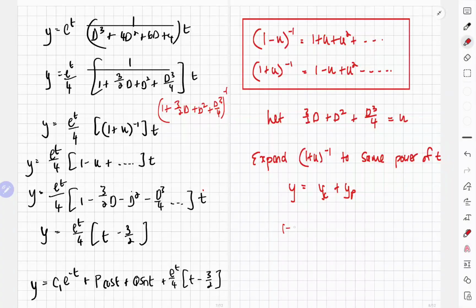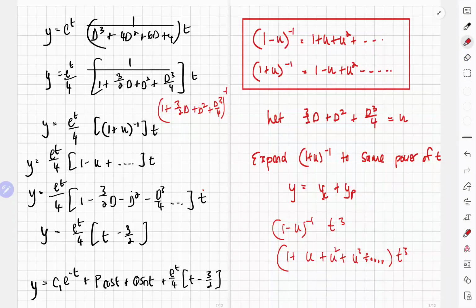However, if you, for instance, are acting on t cubed, you will expand to the third power, but it's important that you do put plus dot dot dot to indicate that you know that you can continue.